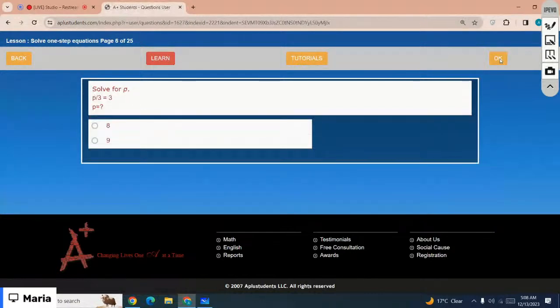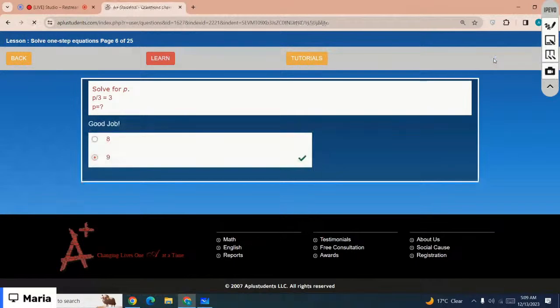Solve for p. Which is the correct option? Yes, it is. 3 times 3 equals 9. So p equals 9. The correct option is 9.